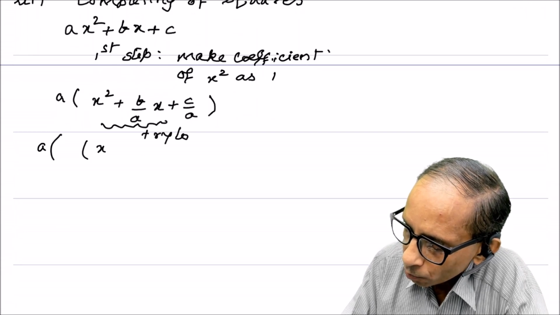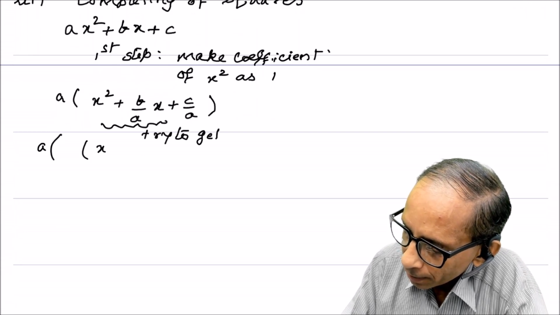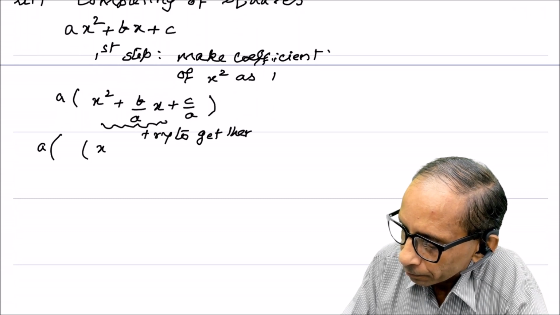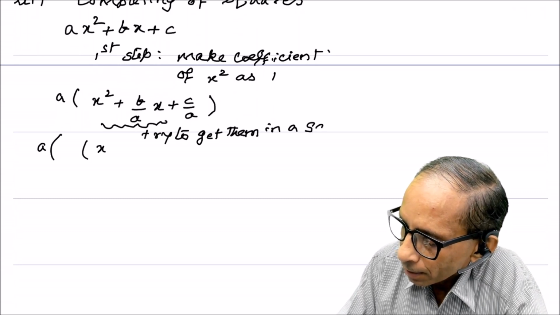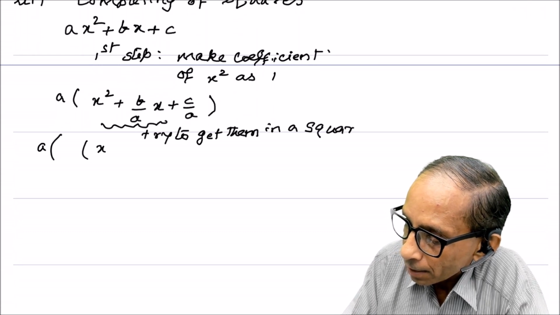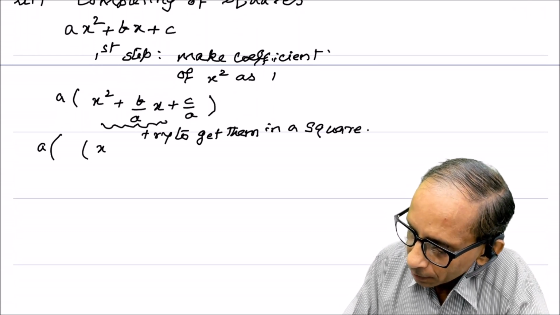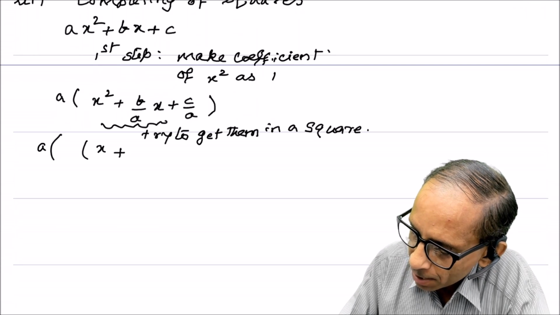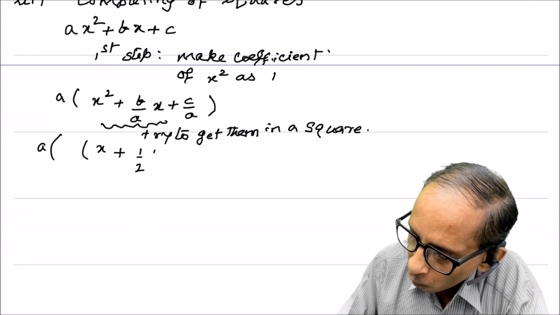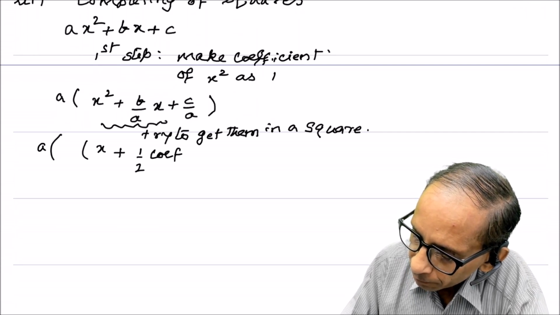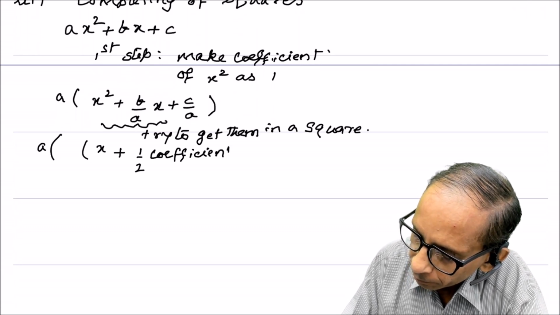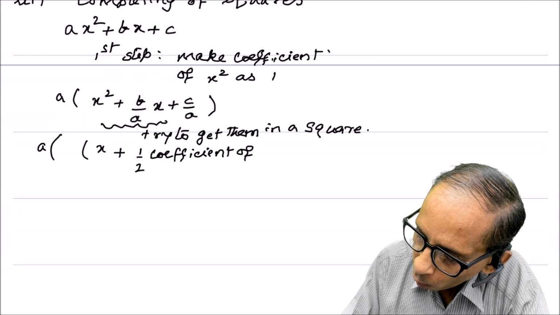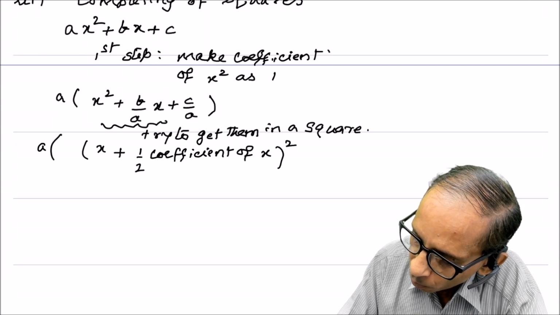Try to get them in a square. So what we do is x plus half of the coefficient of x, the whole square.